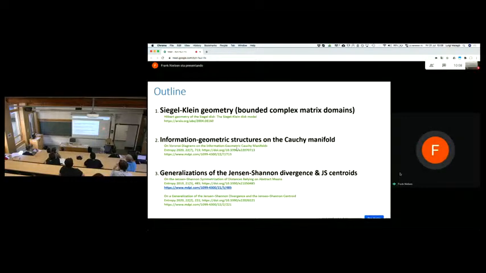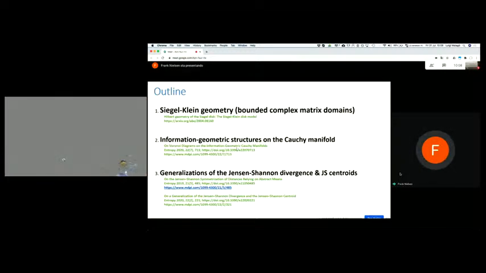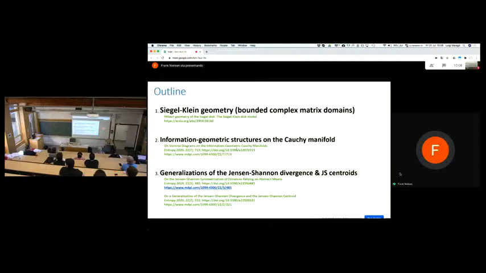Then I will focus on more information geometric structures on a special manifold, and we will see why it's a very special manifold compared to other location-scale families. And if time allows, I will present some generalization of one renowned divergence in information sciences, which is the Jensen-Shannon divergence.